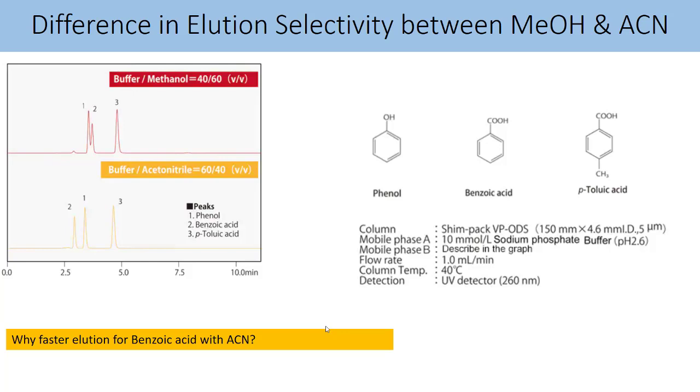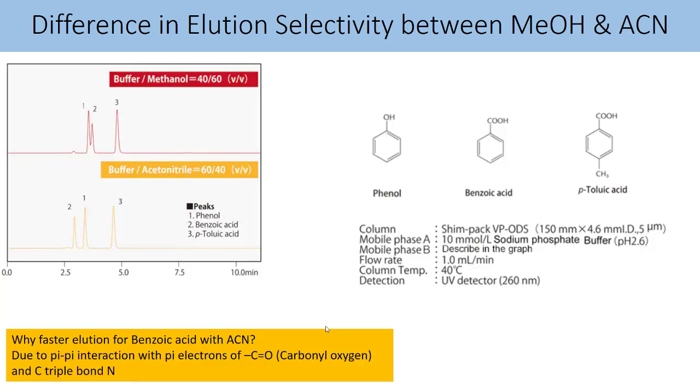So what is the reason for the faster elution of benzoic acid with ACN? What makes benzoic acid elute before phenol? You must understand that there is an additional interaction of benzoic acid with ACN, and that is the pi-pi interaction with the pi electrons present on the carbonyl oxygen and the C triple bond N of acetonitrile.